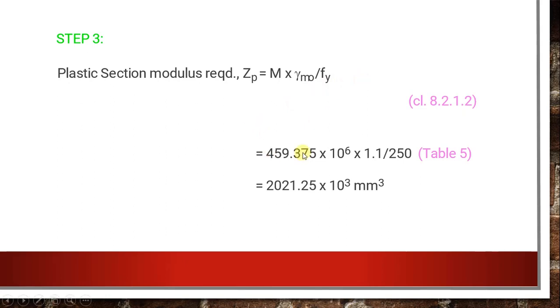Here M is 459.375 into 10 to the power 6 Newton mm, into 1.15, that is the factor of safety gamma m naught, divided by 250, will give you the Zp value as 2021.25 into 10 to the power 3 mm cube. So, this is the required plastic section modulus.